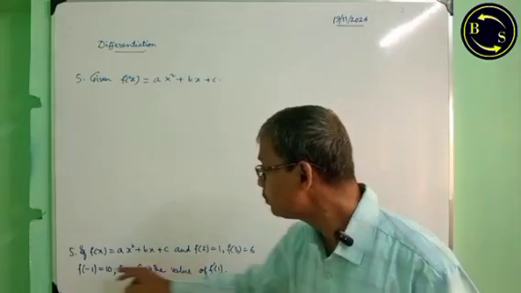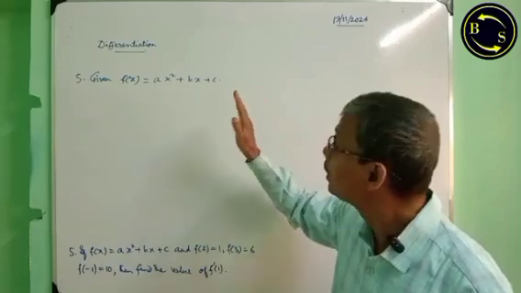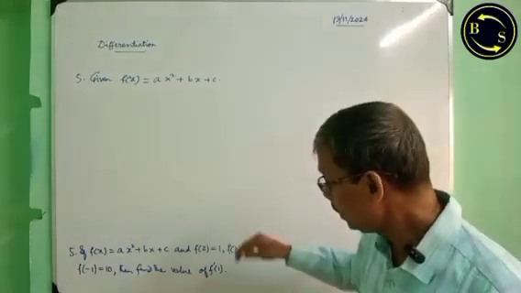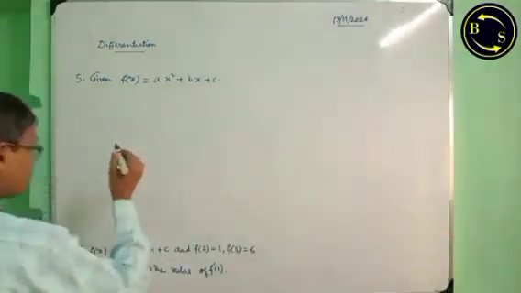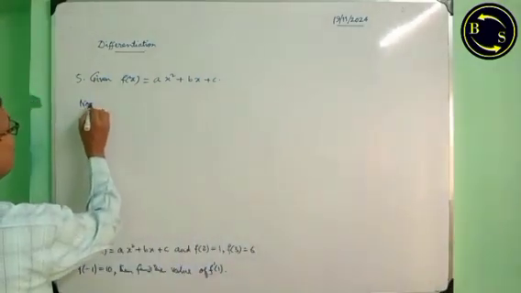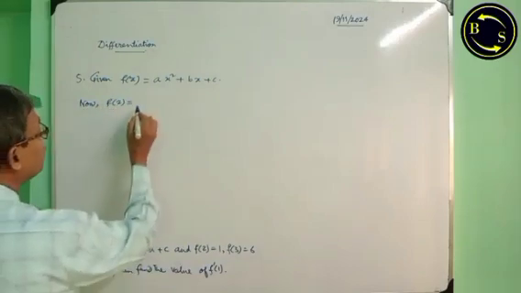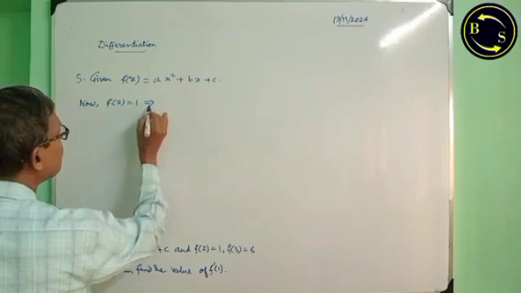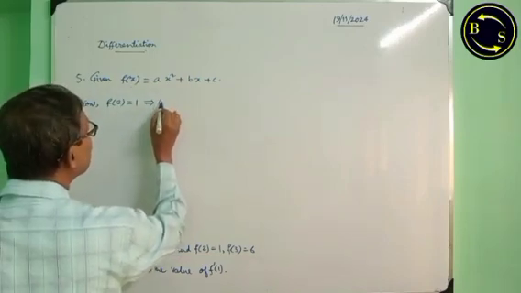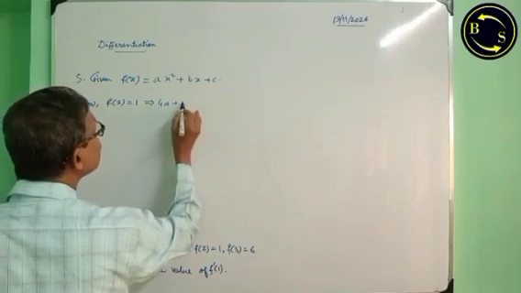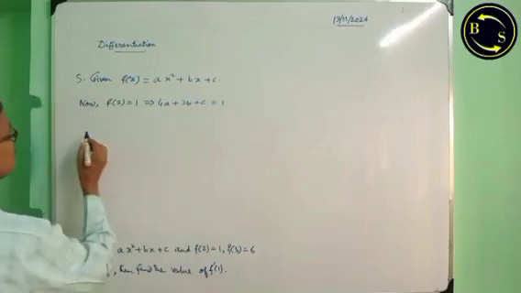First we use these relations and we will get 3 equations involving a, b, c. Now f(2) equal to 1. Therefore, putting x equal to 2, 4a plus 2b plus c is equal to 1.